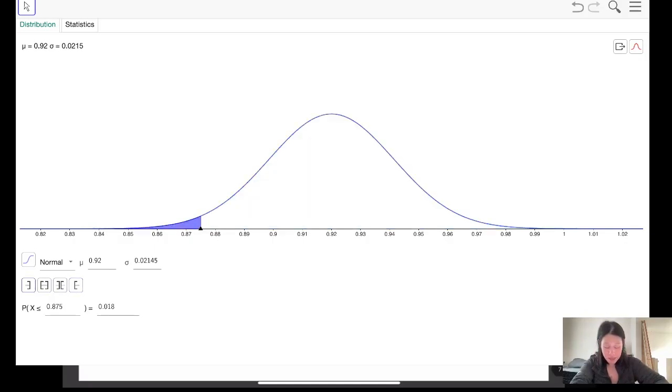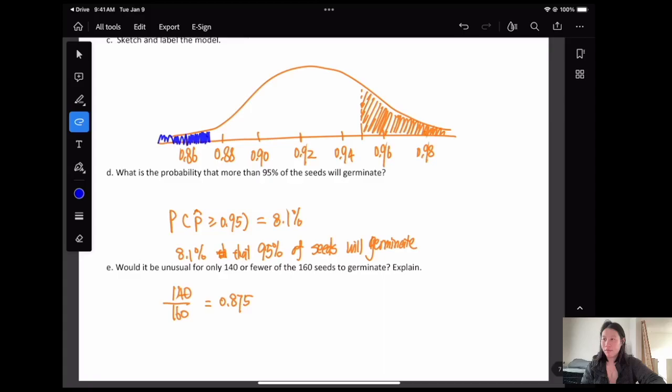So it's 1.8%. So in this case, the probability that p hat, the proportion that germinate, is less than 0.875 is equal to 1.8%, which is very unusual, right?